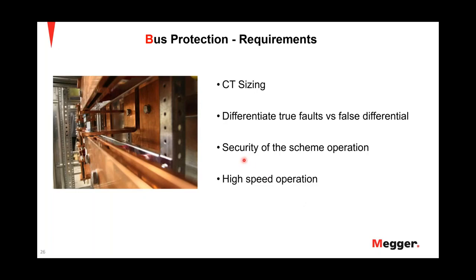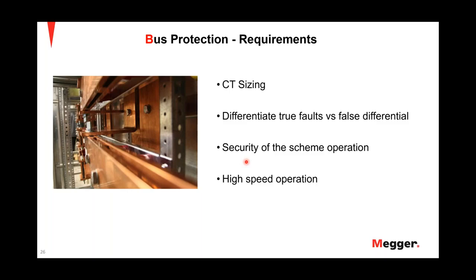And next comes the security of the scheme operation. The bus bar, a substation bus, connects various entities on different voltage levels, all the way from generation, transmission to distribution, all the way from industrial loads to residential loads. So when these faults occur on a bus, it can jeopardize the stability of the system.